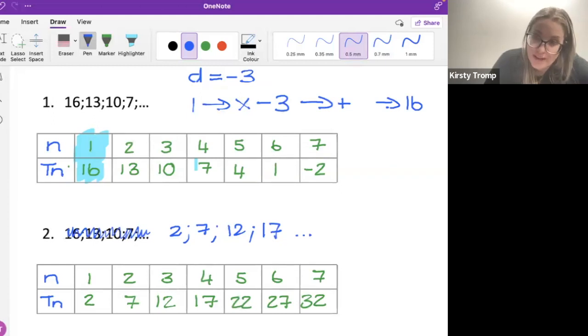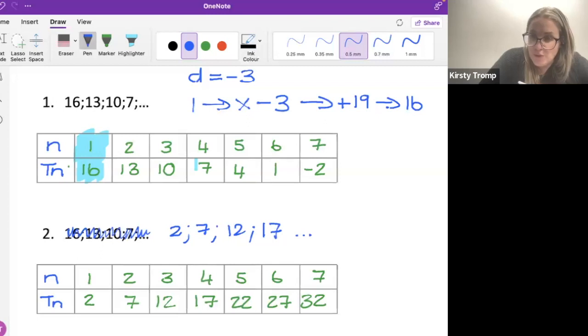If I draw a number line out, I see that to get from -3 all the way to 16, I'll need to add 19. So 1 times by -3 plus 19 gives me 16.